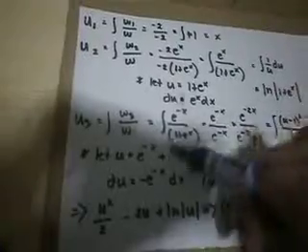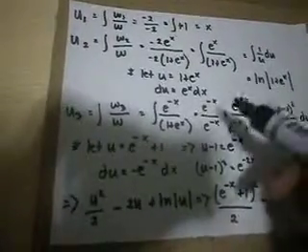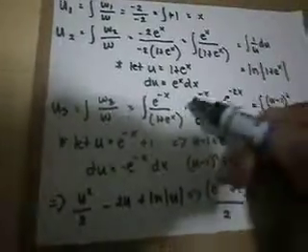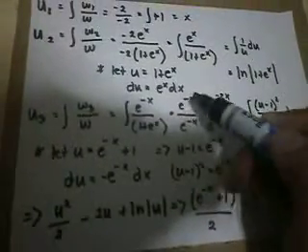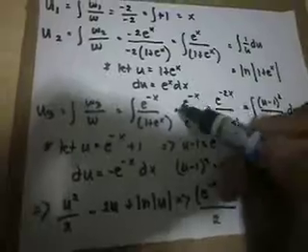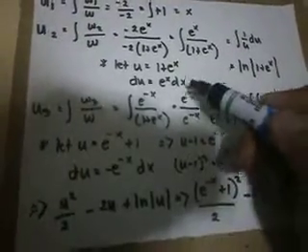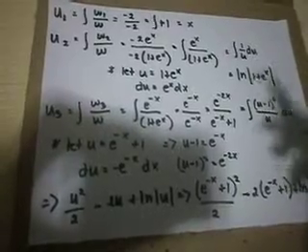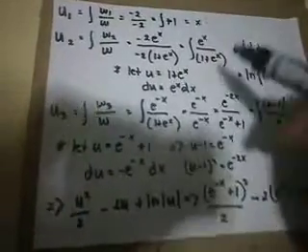So negative 2 will be cancelled out, and we do the integration. To integrate this one, we multiply our function by e to the negative x over e to the negative x. Since this is just equal to 1, it's as if we are not multiplying anything.